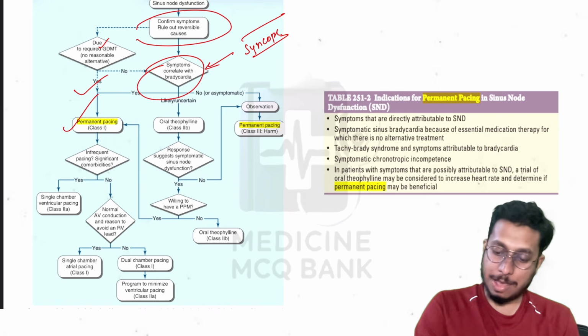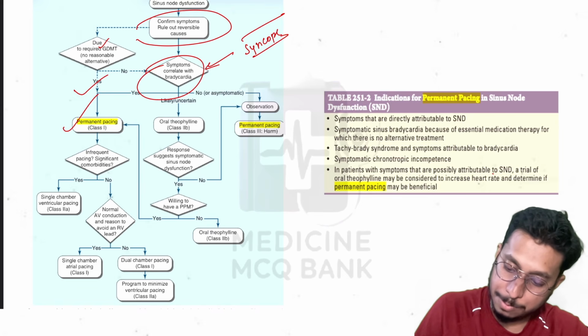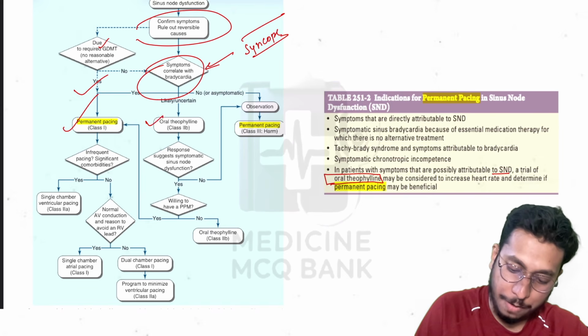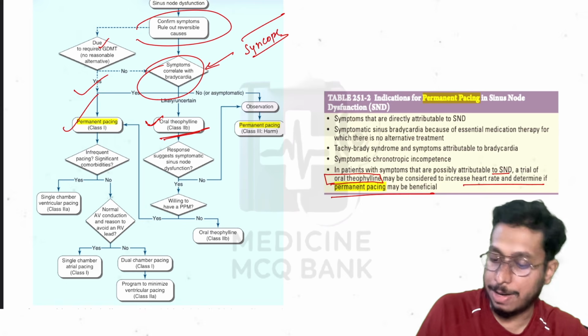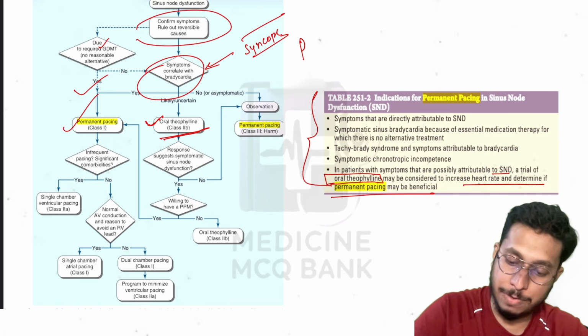Okay. Only in some specific conditions, when a patient has symptoms possibly attributable to sinus node dysfunction, a trial of oral theophylline can be given. Even if there is no response, at this point permanent pacing is again indicated. In the rest of all the cases, pacing is first line.